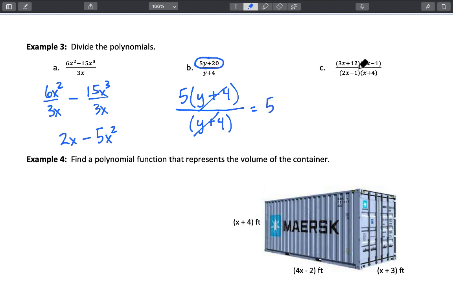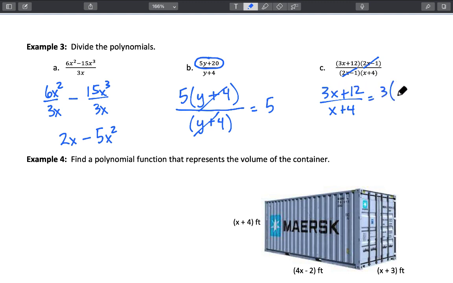All right, letter C. We have something very similar, although I can see right away I have a factor in the numerator and in the denominator that are the same. So I'm going to reduce those to 1 right away. Now I have 3x plus 12 divided by x plus 4. Well, I can see that I have a GCF, a greatest common factor, of 3x and 12.